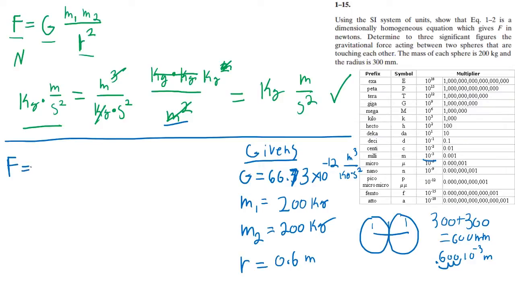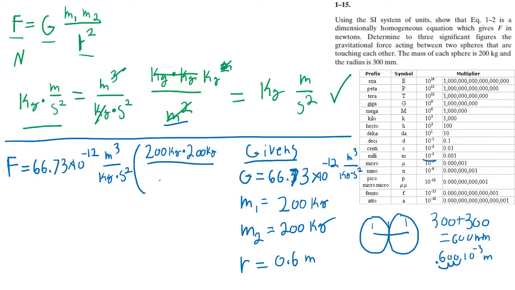So F equals 66.73 times 10 to the negative 12 meters cubed over kilogram multiplied by second squared, multiplied by our M1, M2, 200 kilograms, 200 kilograms, and that is over our R squared, so 0.6 squared, and our meters get squared as well there, making us get a Newton.